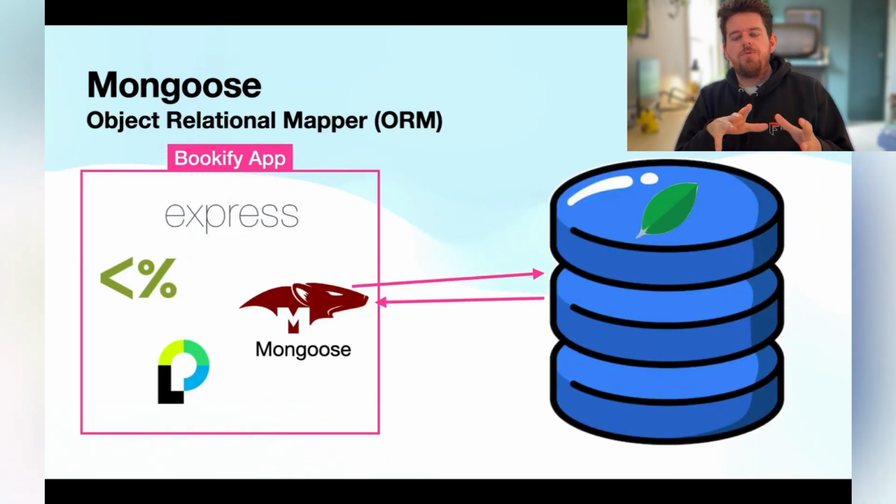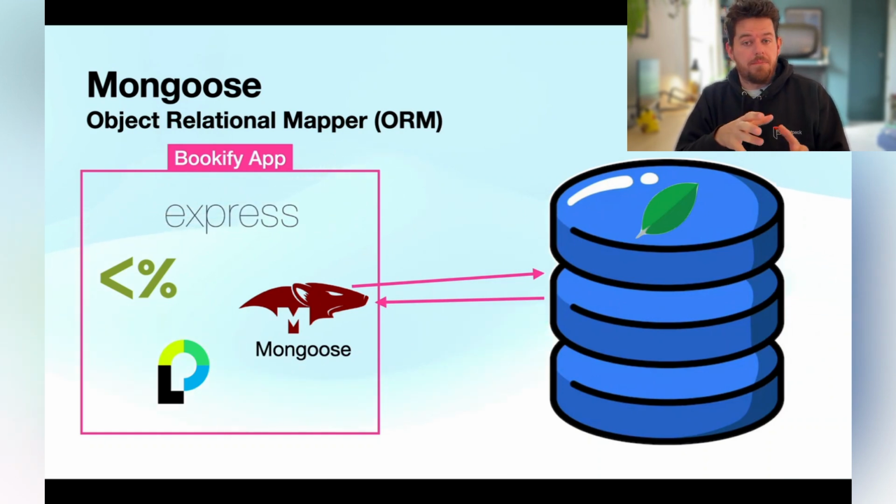What we're going to use to help us use our MongoDB database is something called Mongoose. And this is an object relational mapper. Now, there's ORMs for most types of databases. We've got them for Postgres, MySQL, MariaDB, all these different databases.